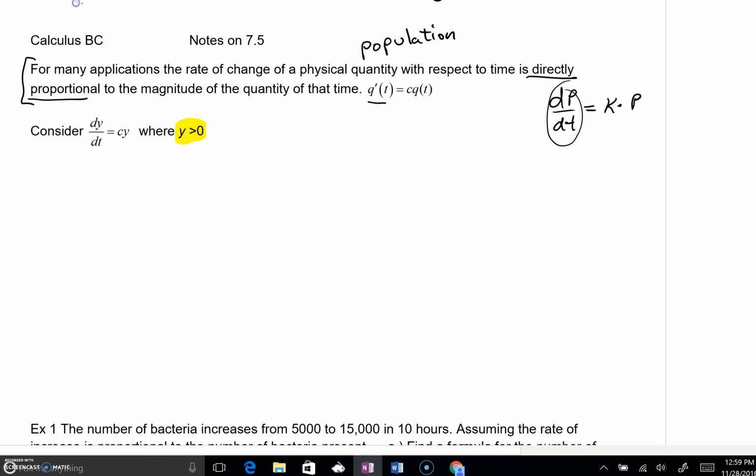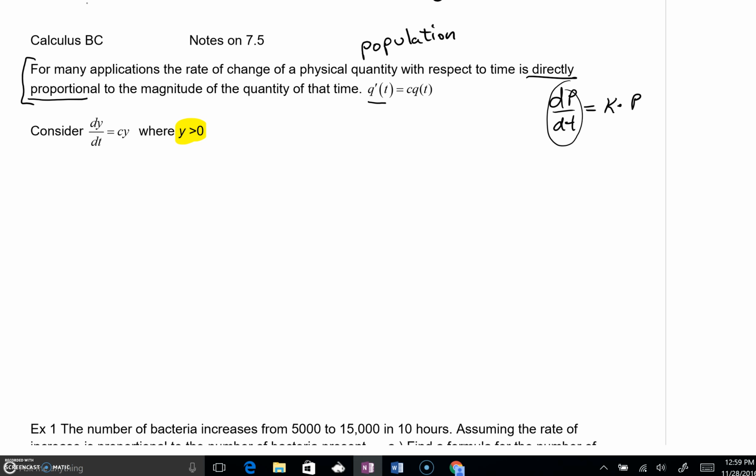At worst, it could equal 0, but we're not even going to have our population equal 0. We'll assume it's always positive. And now we're going to solve this differential equation. Solving will mean that we could actually go about separating variables.